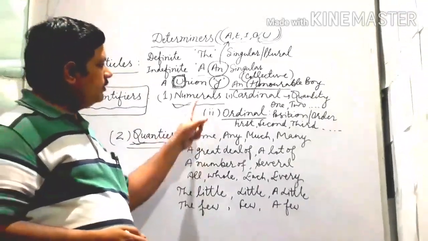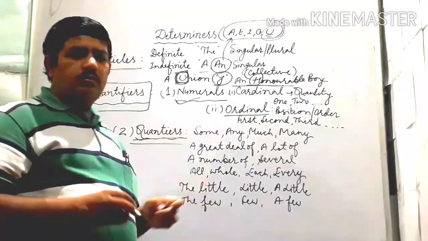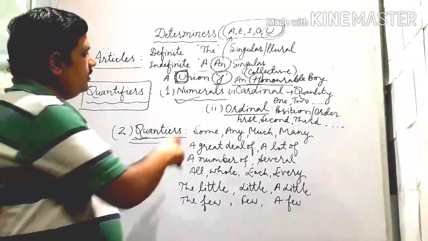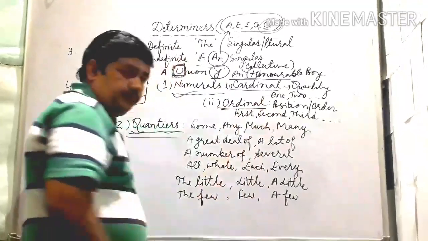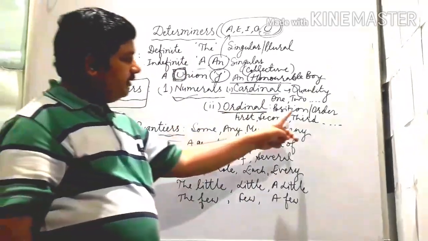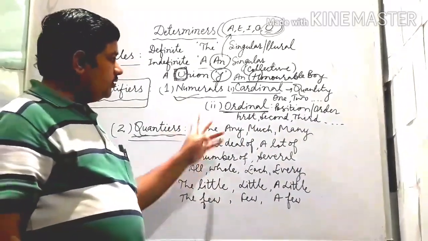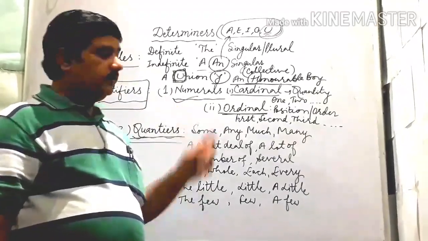It may be considered mostly like countables, but it may be taken a different way also. See, numerals are divided into two types, because they will be used before nouns, as these are determiners. So we must be aware about what is this numeral.